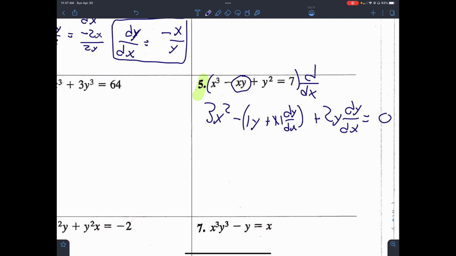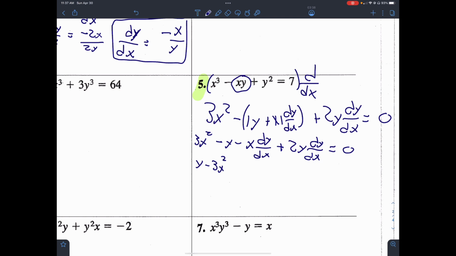So we'll just write this out. We get 3x squared minus y minus x times dy over dx plus 2y dy dx equal to 0. So we'll put the dy dx's on one side and these on the other. So this is going to be y minus 3x squared is equal to negative x dy over dx plus 2y dy over dx.